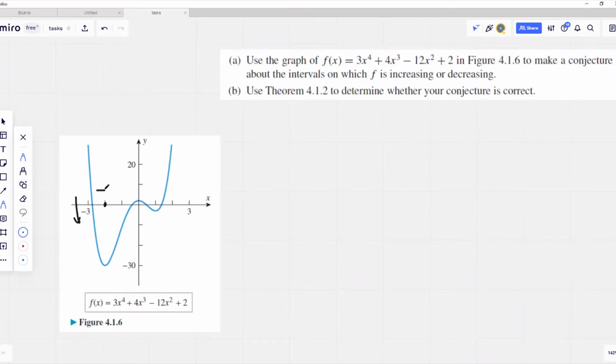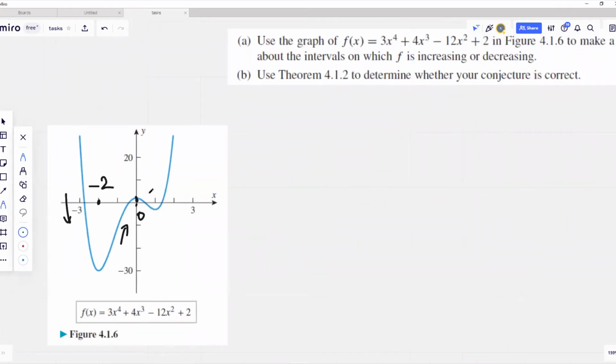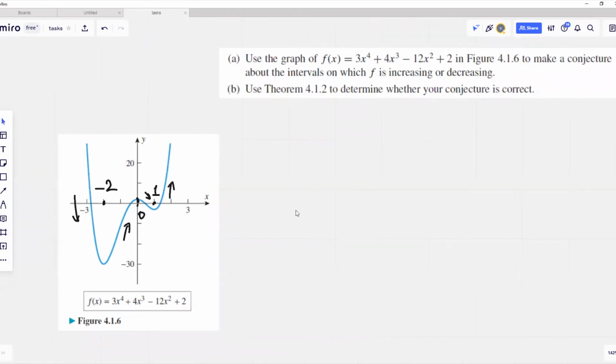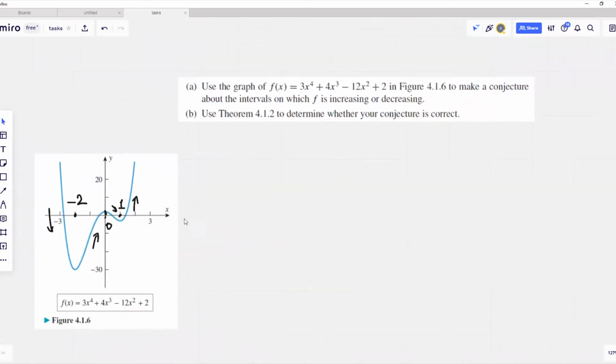I would assume x is equal to -2 here. Then it starts again to increase on the interval from -2 to 0. Then it is decreasing again up to the point x is equal to 1. So on the interval from 0 to 1, it is decreasing, and it is increasing on the interval from 1 to plus infinity. Now let's confirm that using our theorem.